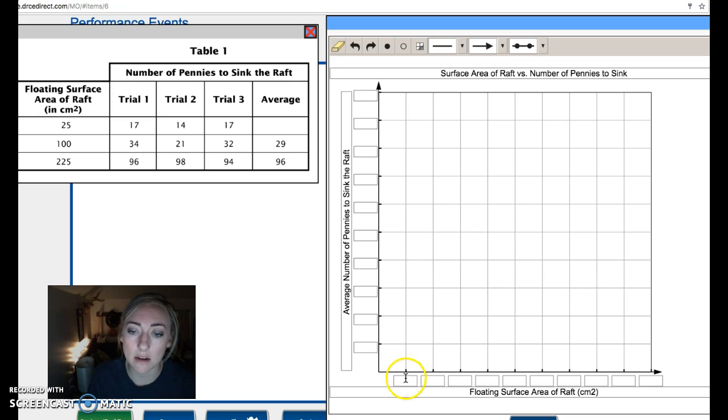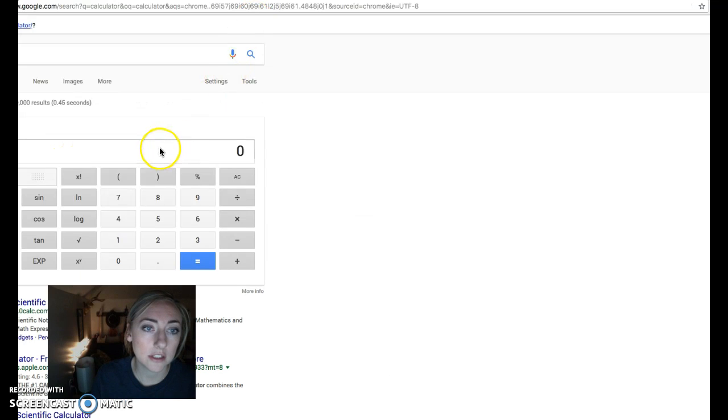So in this case, if we count, we have 1, 2, 3, 4, 5, 6, 7, 8, 9, 10 spaces. And our highest data point for floating surface area of raft is 225. So if we go to our calculator and we do 225 divided by 10, that's going to give us 22.5.